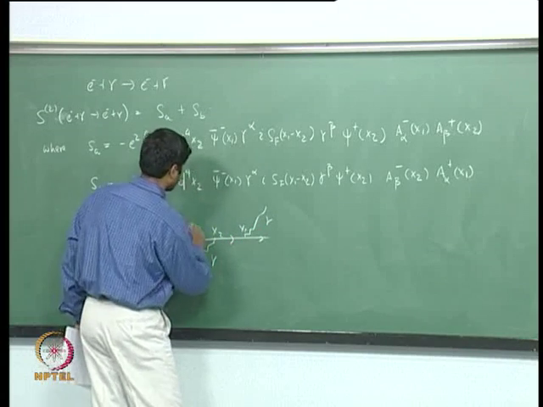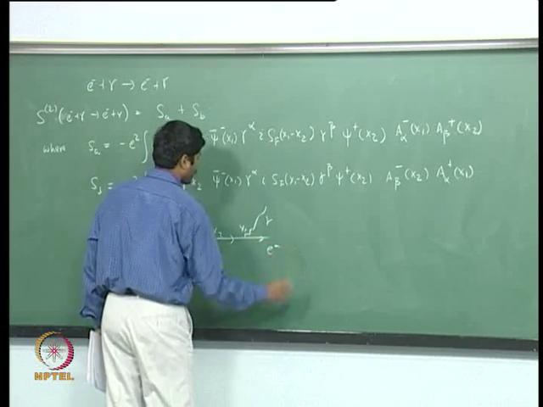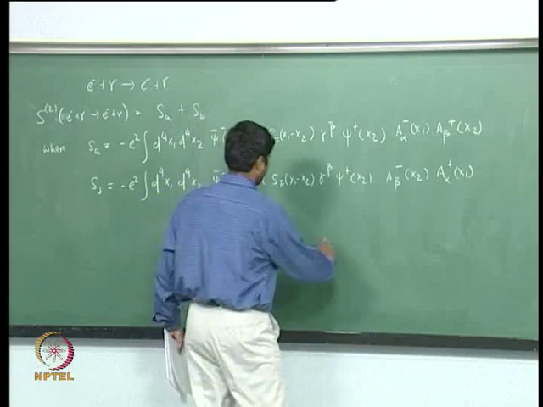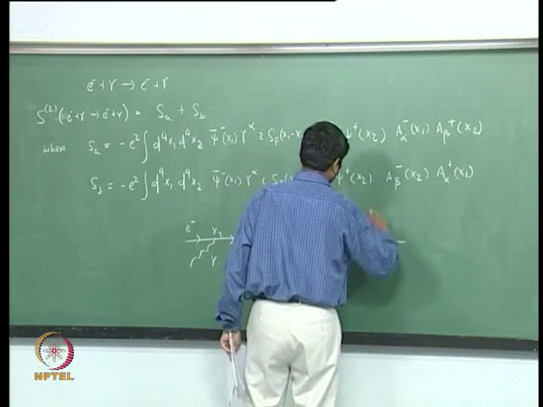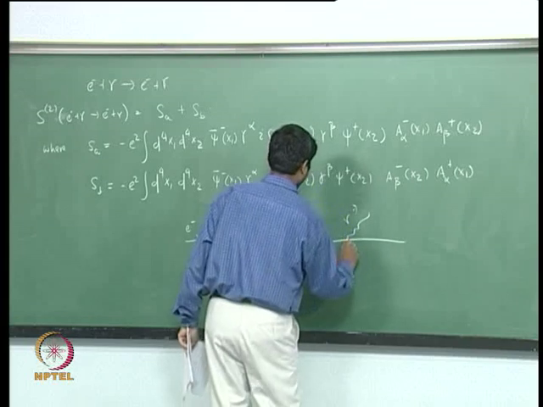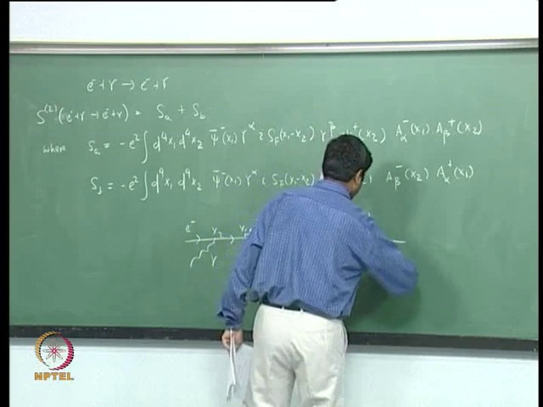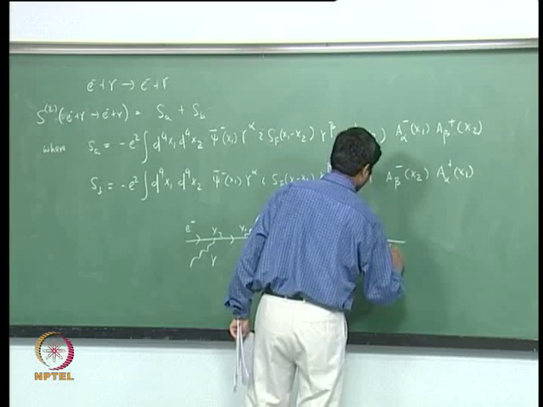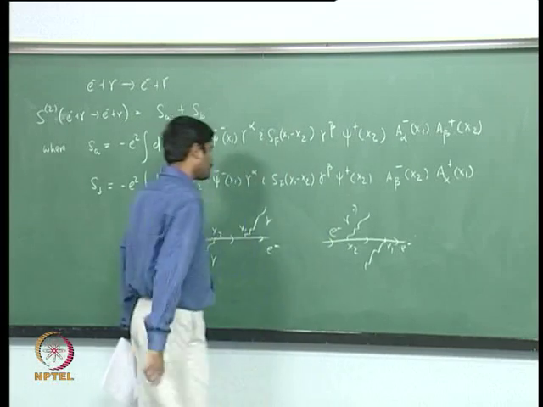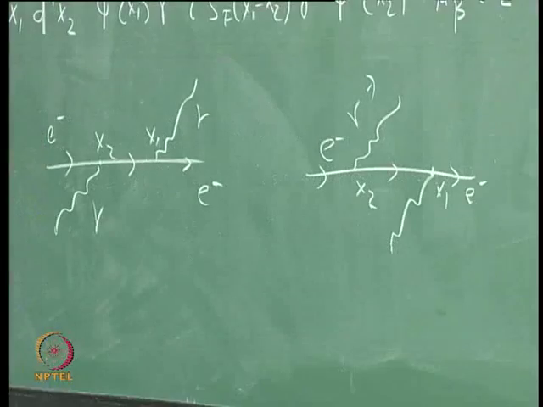This is γ, this is A⁻, A⁻. The other one is there is an outgoing photon at x₂, e⁻, and the incoming photon is absorbed at x₁. These are the two physical processes.